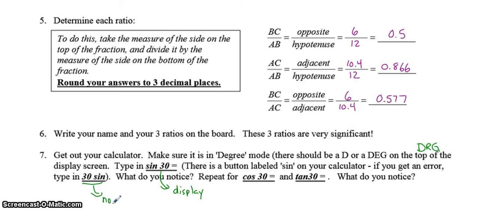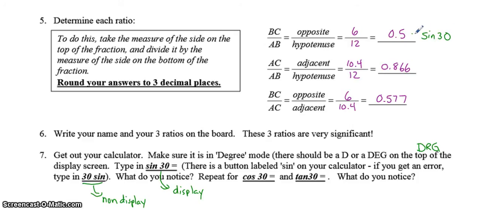If you have a non-display calculator, that means it shows the numbers but it doesn't show the operations. So you would type in 30, but if you press the sine button, it doesn't actually say sine on the display screen. So try pressing sine 30 equals or 30 sine. Which one of those gives you 0.5? And that would be sine 30.